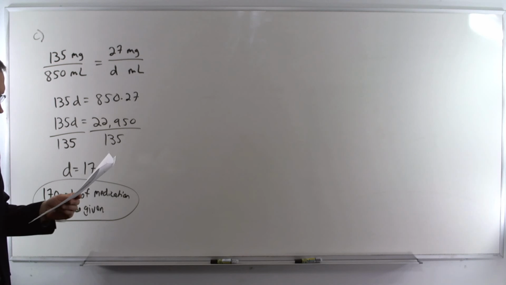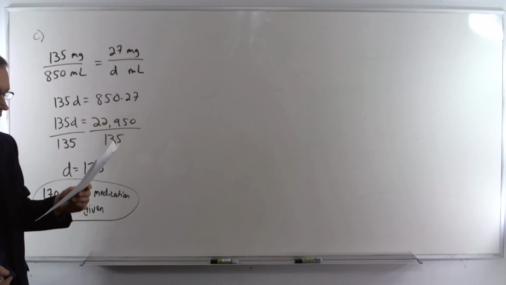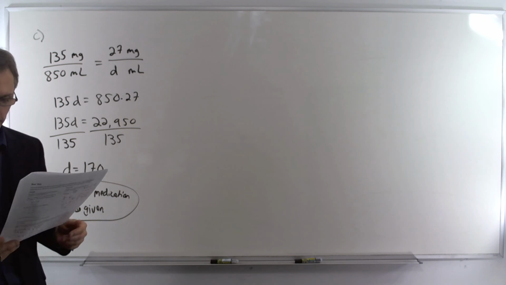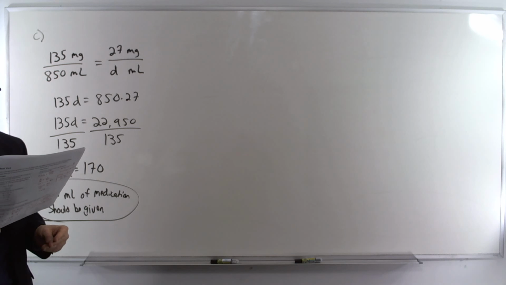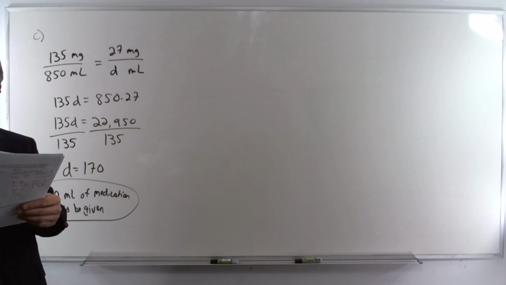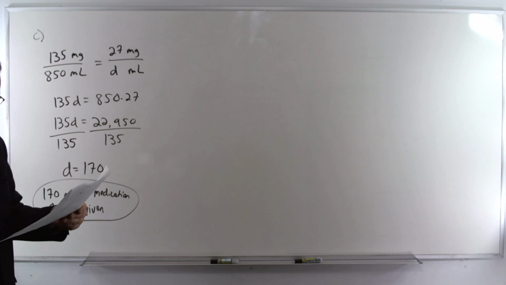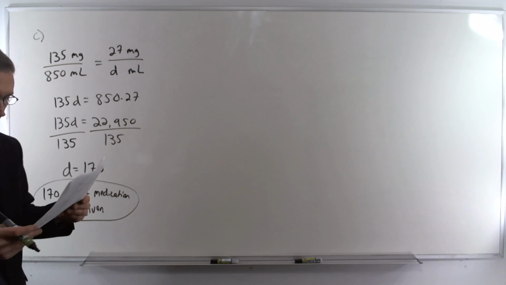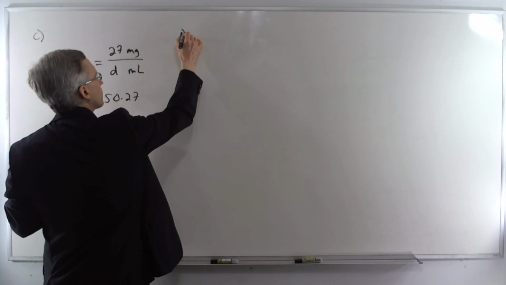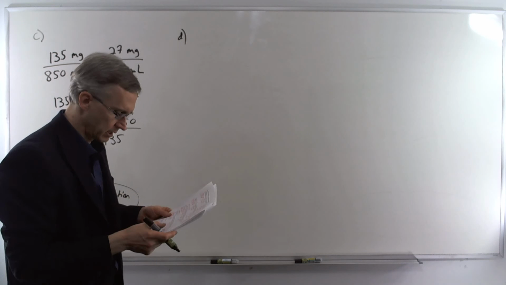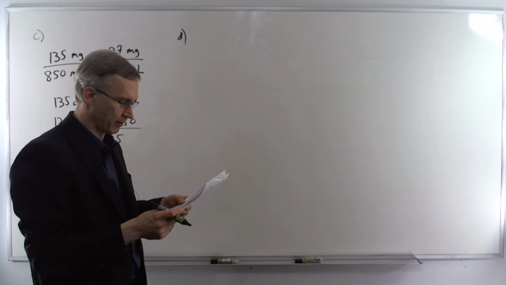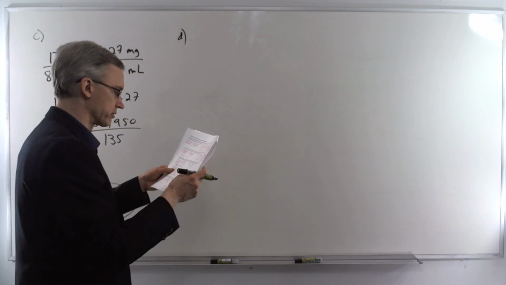All right, next up, a homeowner is fertilizing a 5,200 square foot lawn. The instructions on the bag of fertilizer indicate that 18 pounds of fertilizer are required for 1,400 square feet of lawn. How many pounds of fertilizer are needed for the entire lawn? All right, let's start with the instructions on the bag. And that tells us that 18 pounds are required for 1,400 square feet.